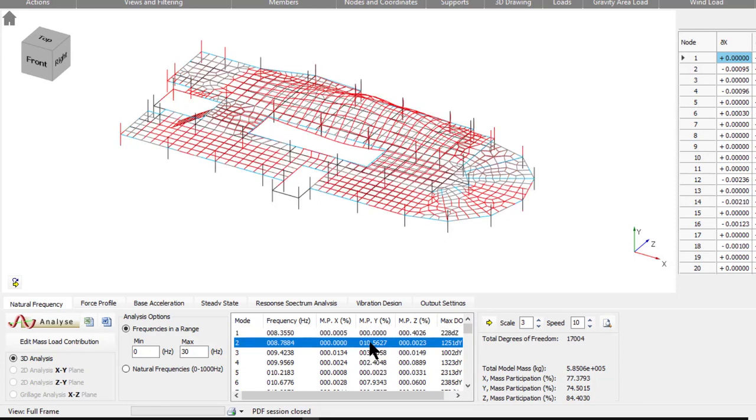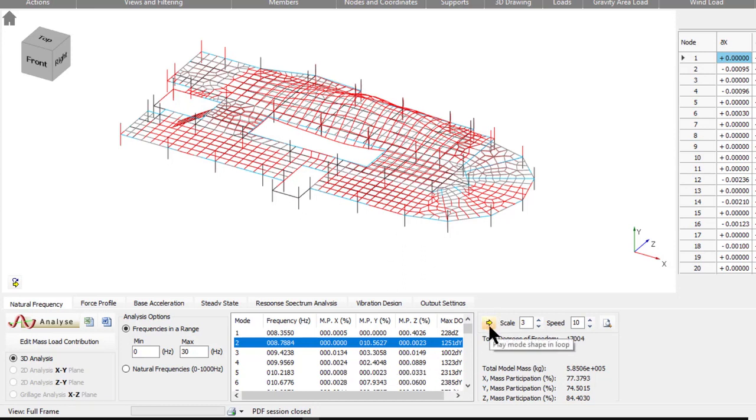The mass participation of this one at around 8.7, 8.8 frequency is taking this load. And we can see also that our global mass participation of around 70, 75 is very, very significant and shows us that we are in the realms of the correct results.